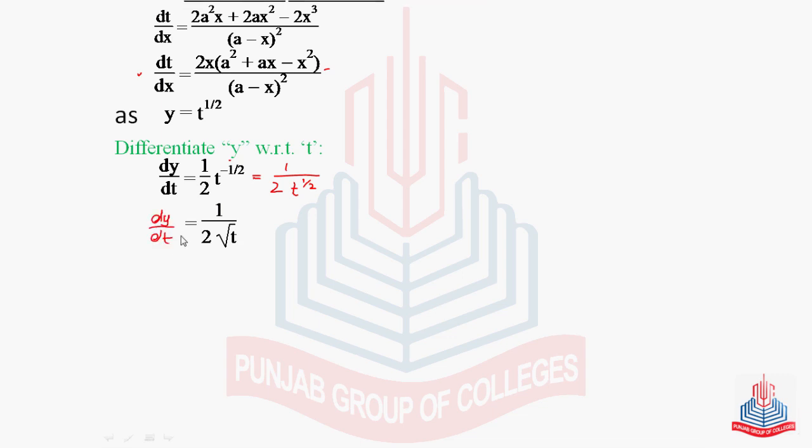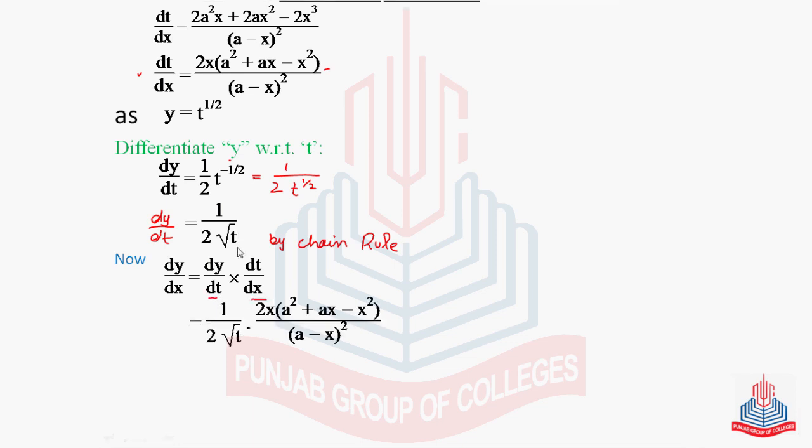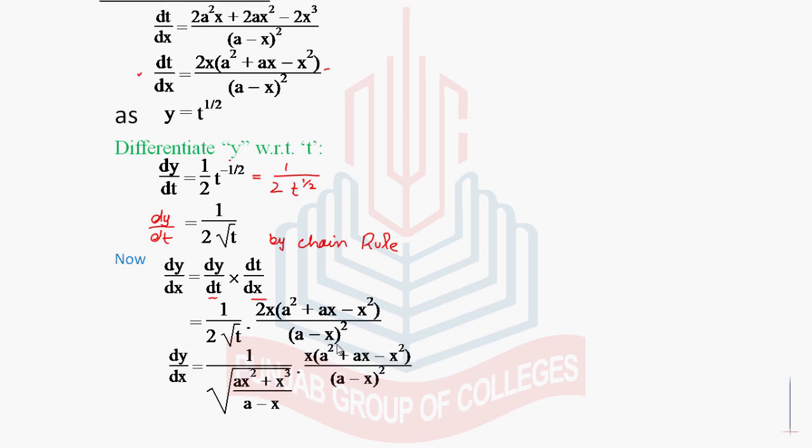By using our chain rule, this is dy by dx, and that will be equal to dy by dt and dt by dx. We already calculated these two derivatives. Dy by dt is 1 over 2 square root of t into dt by dx is this one, 2x a square plus ax minus x square divided by a minus x whole square. Now we apply the value of t.